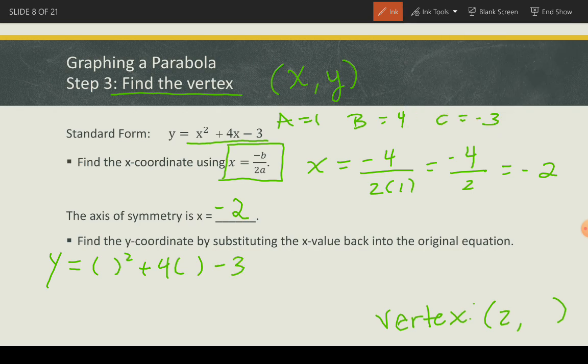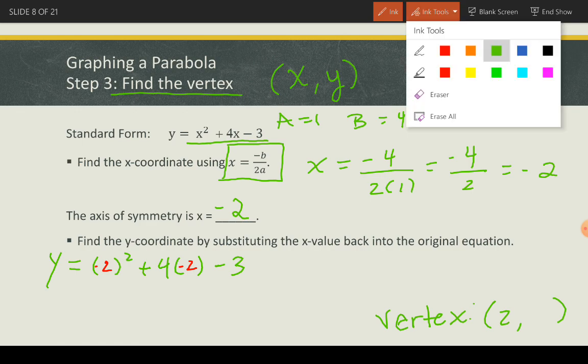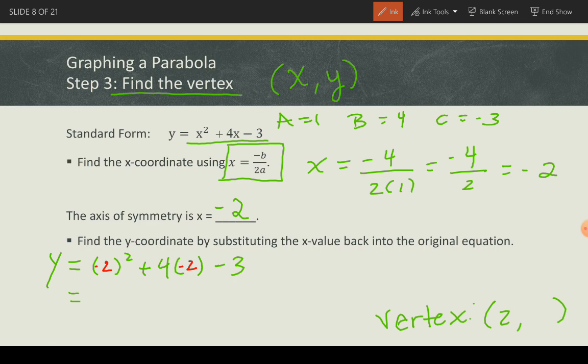Our x value is -2, so we'll plug -2 in wherever there was an x. -2 squared is 4, plus 4 times -2 is -8. So I'm just going to make the negative override that plus sign, put an 8 there, and then -3. Order of operations tells us to simplify from left to right, so we'll have 4 minus 8, which is -4, minus 3, and this sums up to -7. So our y value for our vertex is -7.